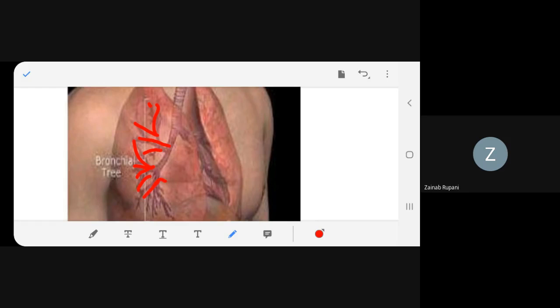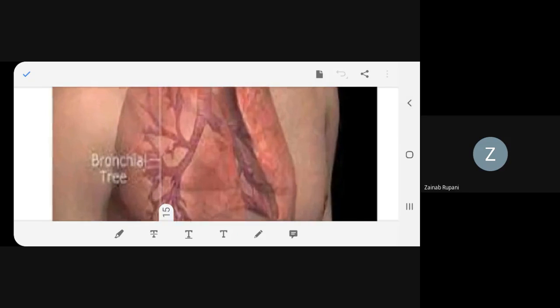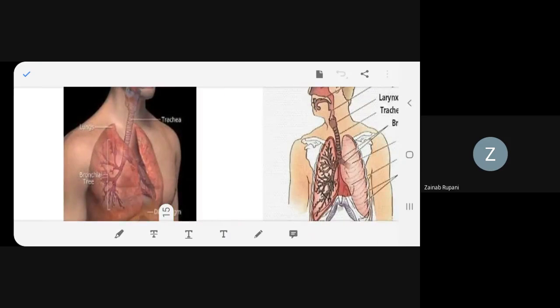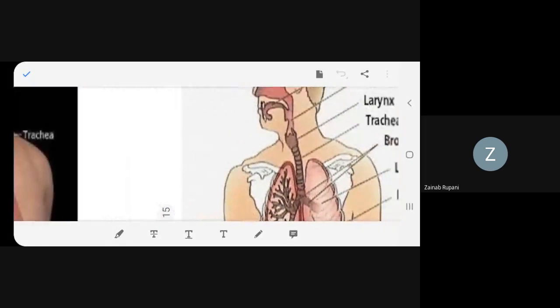People say you've got bronchitis. This is the problem. So this looks like a tree. It branches out. So this is how our lungs look. Inside you get this bronchial tree.